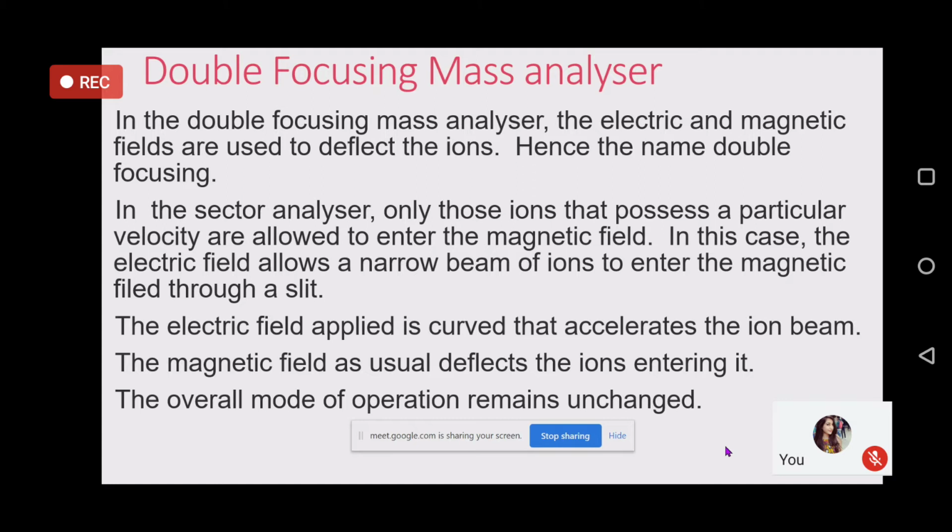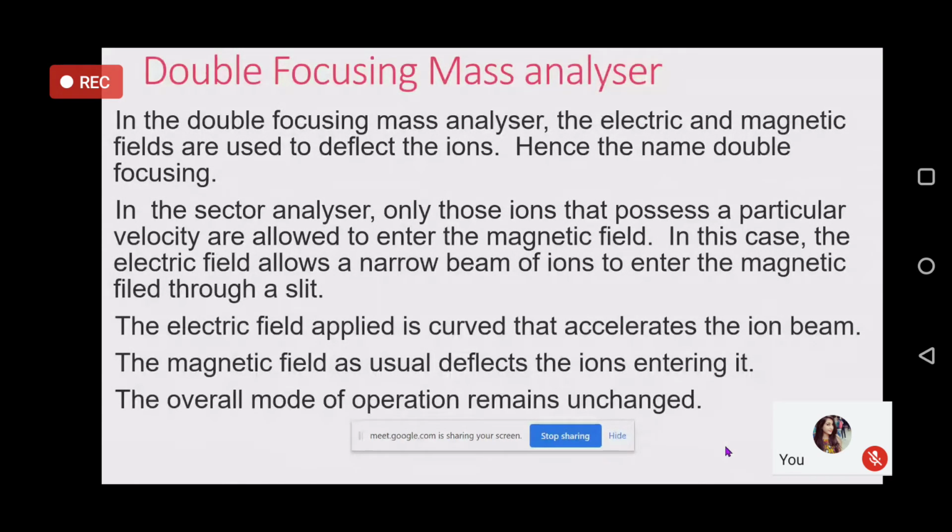So what we have to understand is that when you take a beam of ions, you are passing them through an electric field, fine. But the beam of ions is accelerated. What you are assuming throughout is that they are accelerated, and that's why they will come to the same energy because the energy input is given.